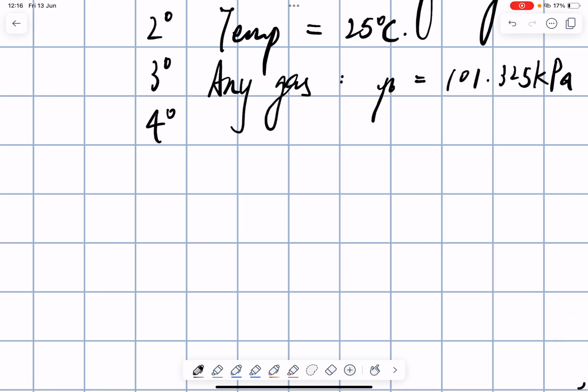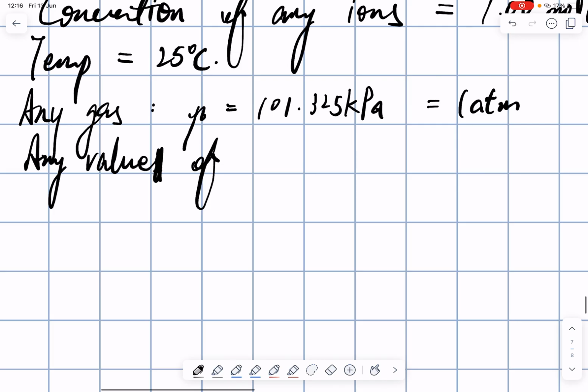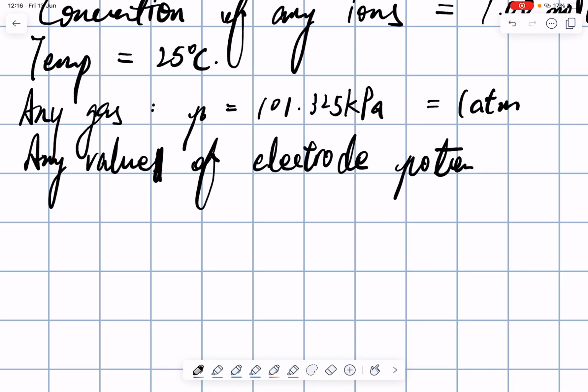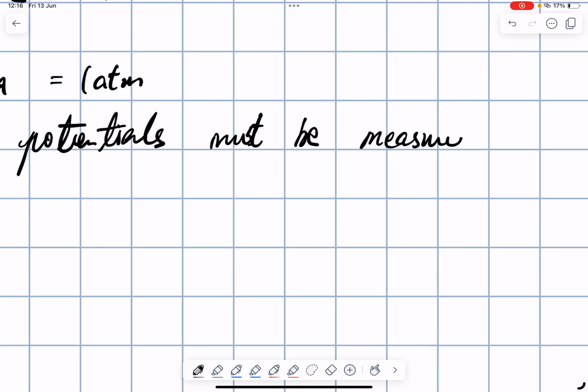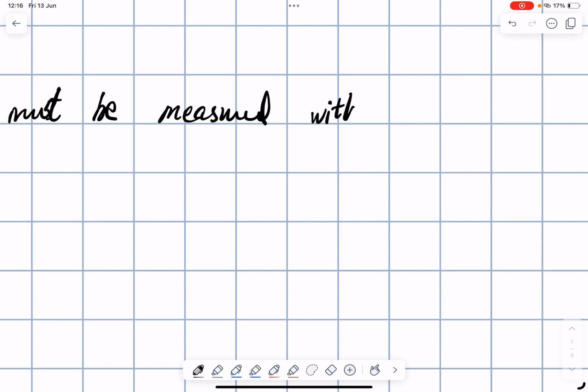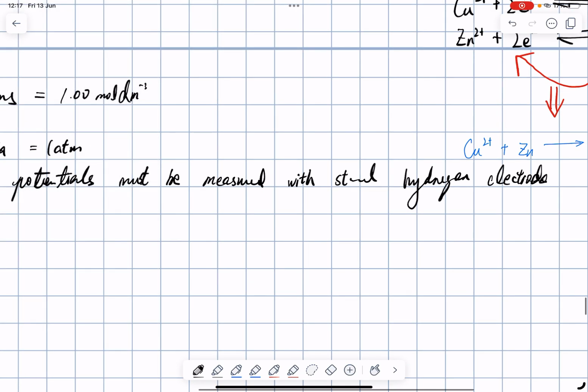Both of those are perfect. And any value of any single-form electrode potentials must be measured with the standard hydrogen electrode. As we're calling it standard, we're using this as a reference.